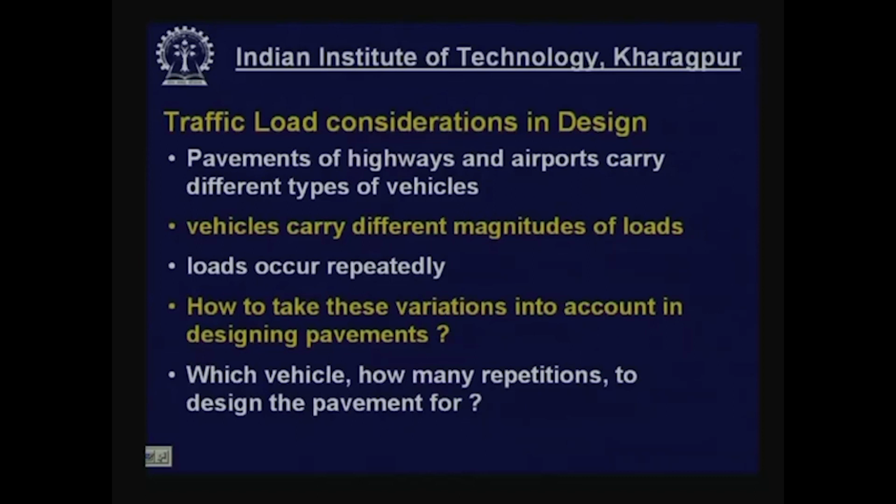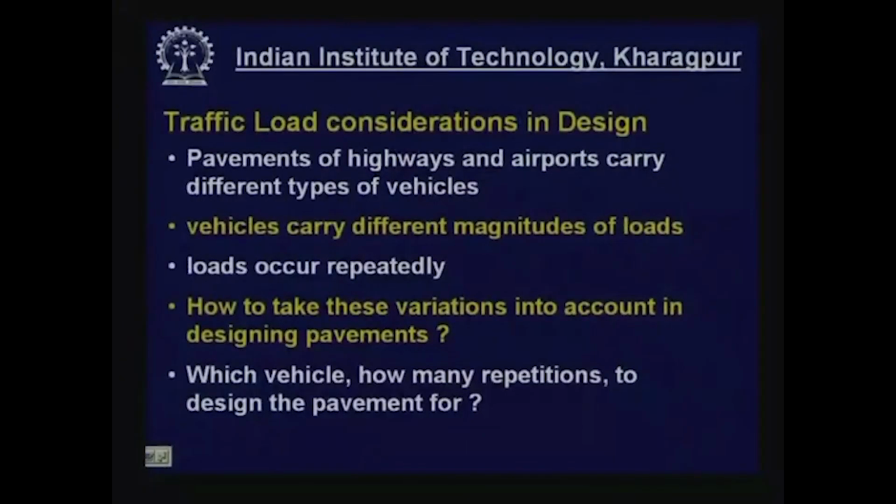Some facilities carry more repetitions during their service life, some carry fewer. Some carry very heavy loads, some carry loads of lesser magnitudes. How do we take these variations into account while designing pavements?